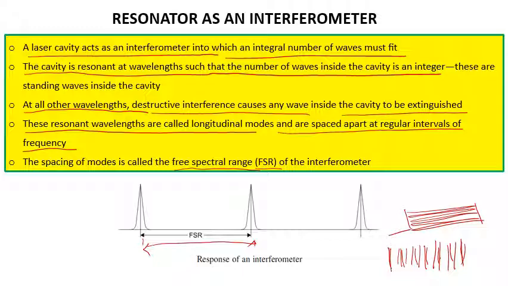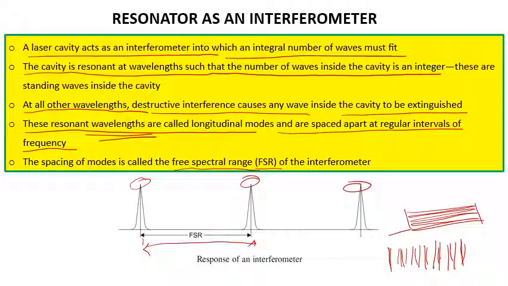So the resonant wavelengths are called the longitudinal modes, spaced apart at regular intervals of frequency, like here, here, here, here, and the spacing between these intervals is called FSR.